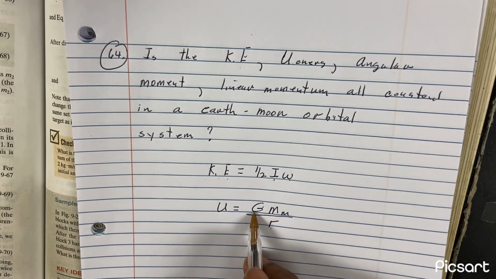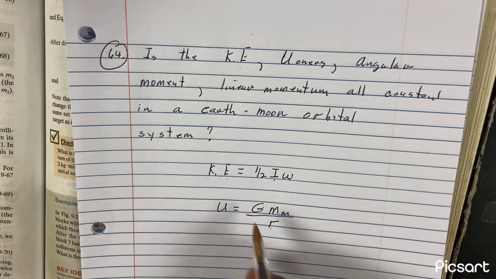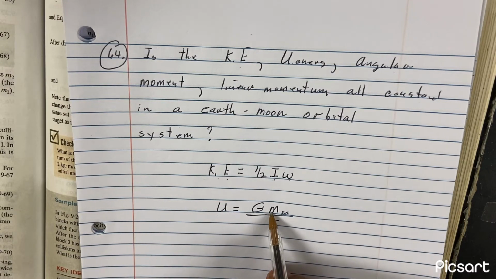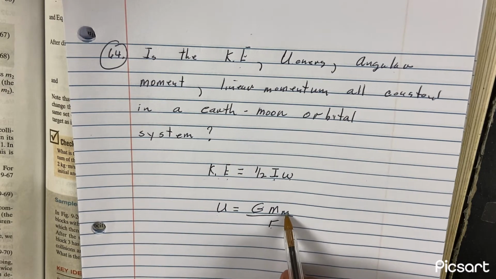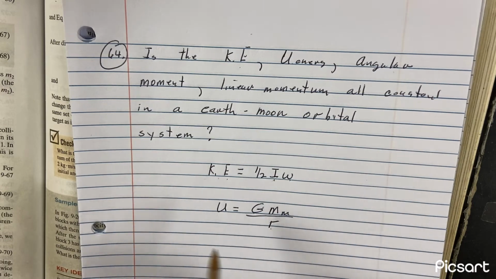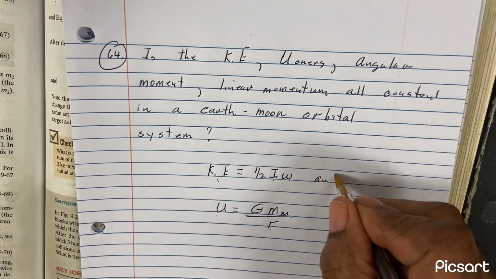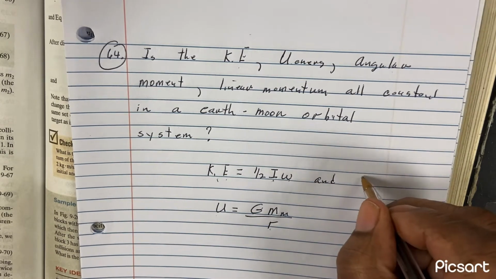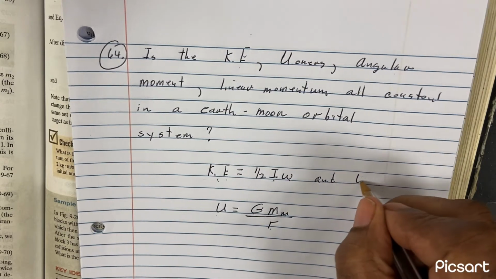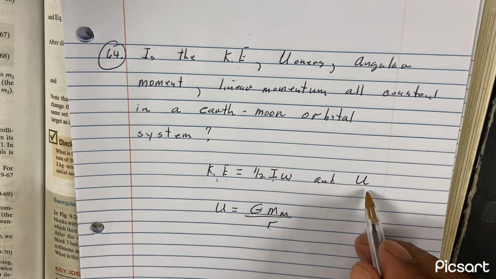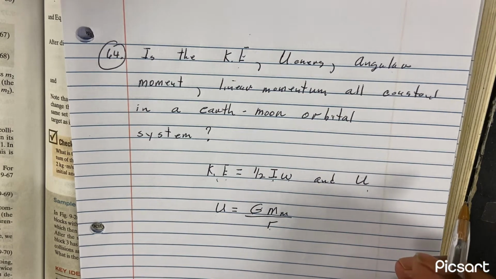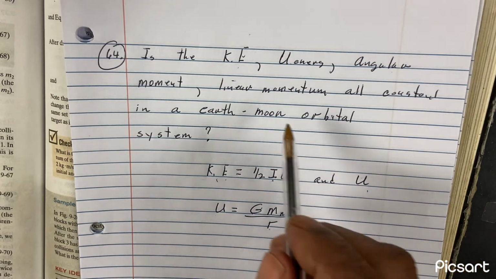Newton's constant is a constant for sure. The mass of the Earth is a constant, and the mass of the Moon is a constant. So we'd assume that the kinetic energy and potential energy are constant. So what does that leave you with?